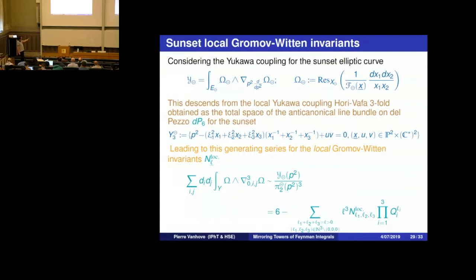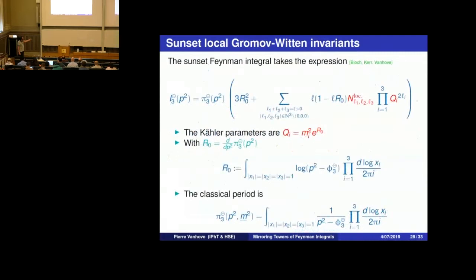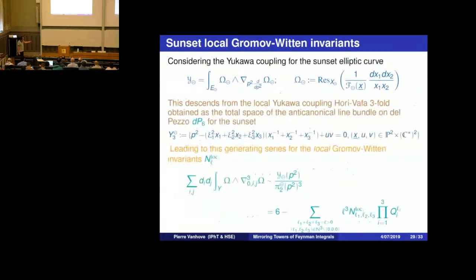And by the fact that it comes this way, you have these relations that tell you that the numbers in my Feynman integrals are exactly the local Gromov-Witten invariants that you can extract from this Yukawa coupling construction. Okay?